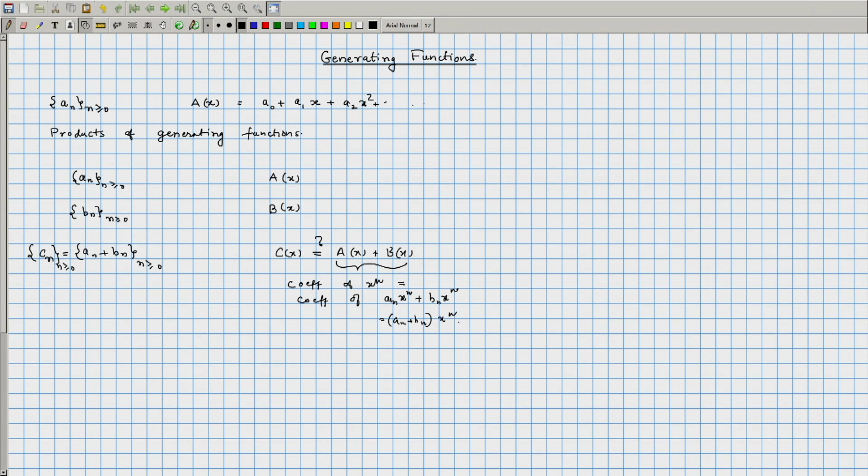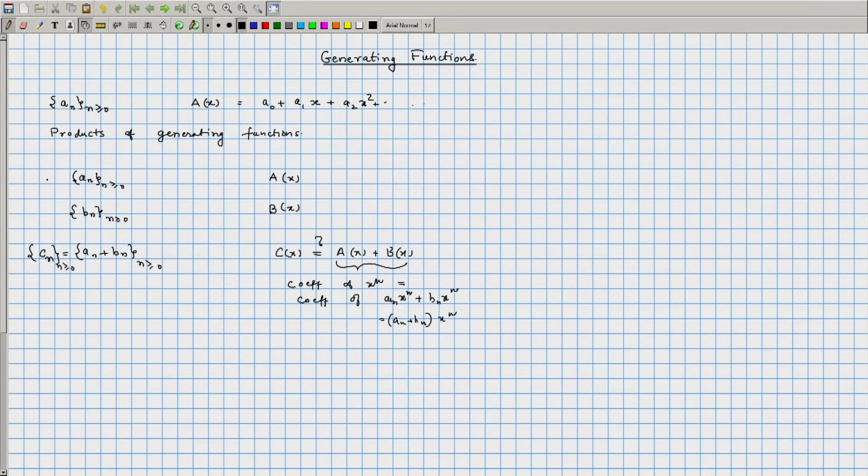So, to add two generating functions is simple. If you had two sequences, pointwise addition of the sequences will result in a new sequence whose generating function is simply the sum of the generating functions of the previous sequences.